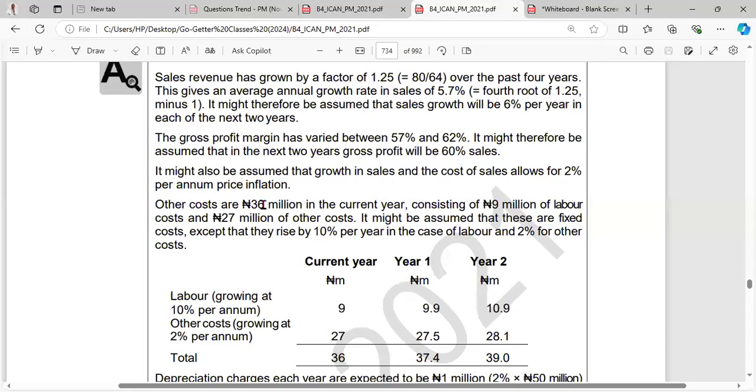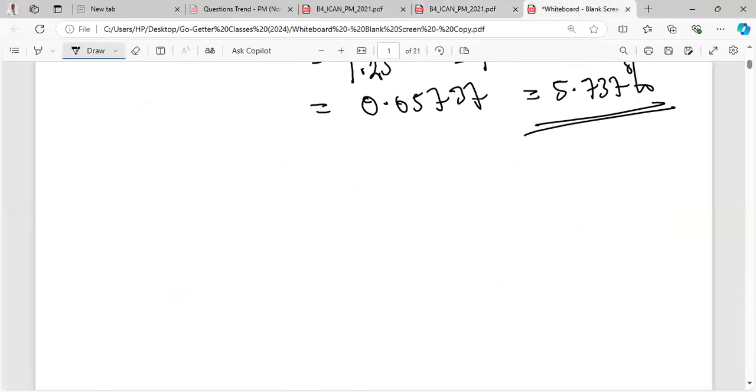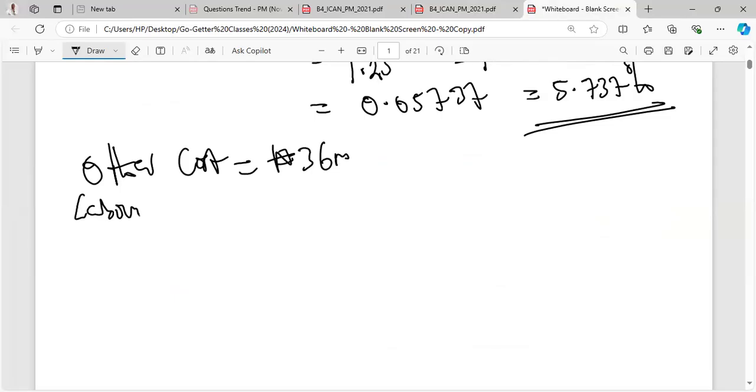So what it means here for labor costs, let me write now. So this is what we are saying here. Other costs is 36M. Labor is 25% of 36M, which gives you 9M.